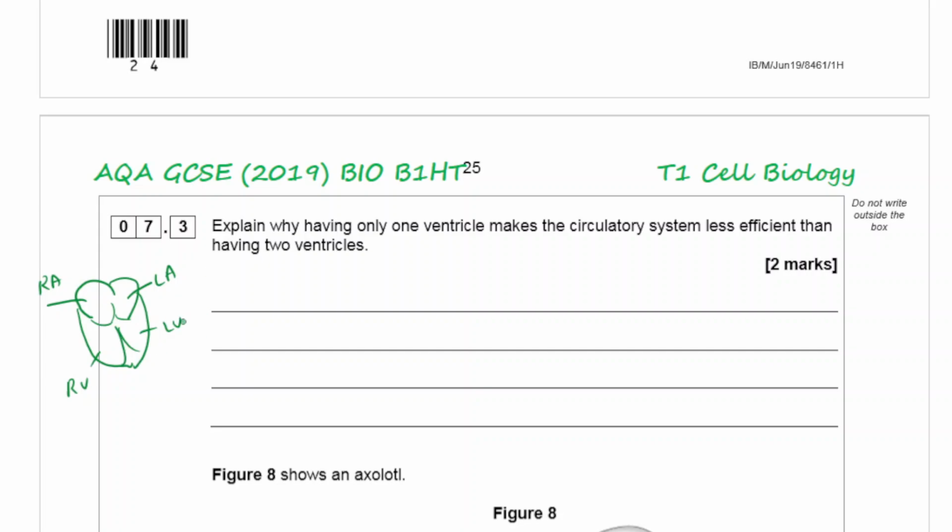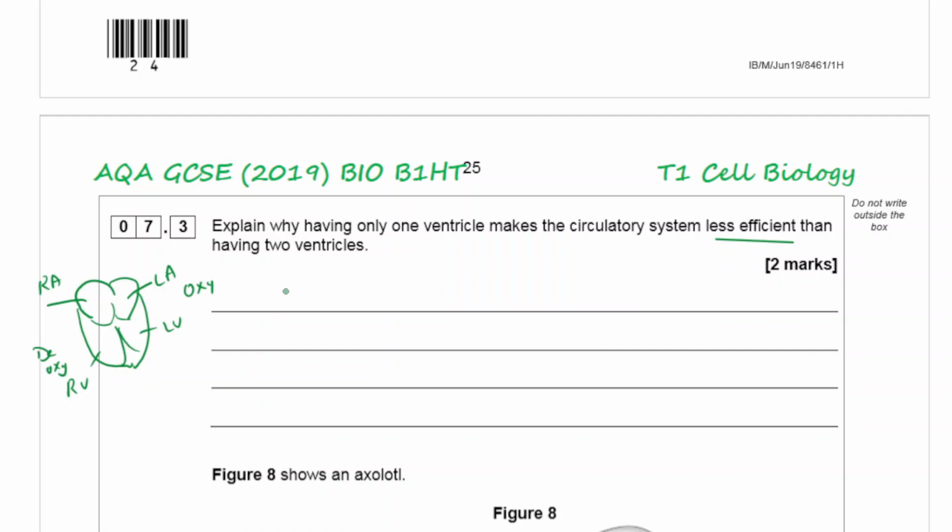On the left side you have oxygenated blood, and on the right hand side you have deoxygenated blood, and they don't mix together. But in an axolotl, if it only has one ventricle, the oxygenated blood and the deoxygenated blood is going to get mixed up. That means the blood that is going to the body is only 50% full of oxygen, while the blood that is going to the lungs already has 50% oxygen. So it is less efficient.